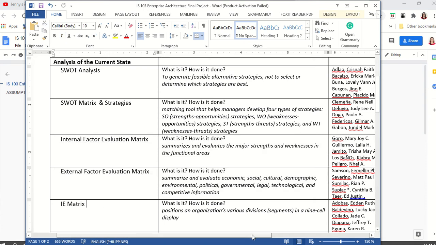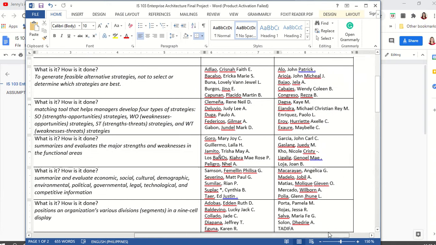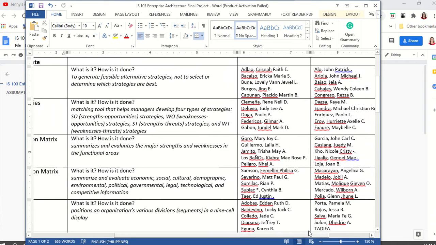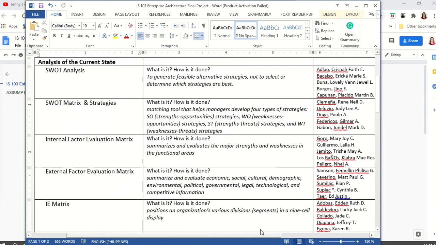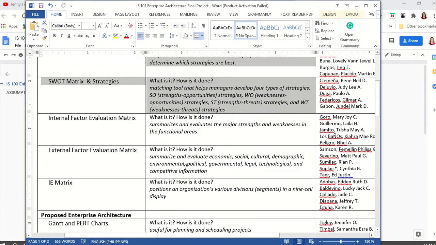So I hope the reporters assigned to the IE matrix give importance to the previous reporters and even to the SWOT analysis.